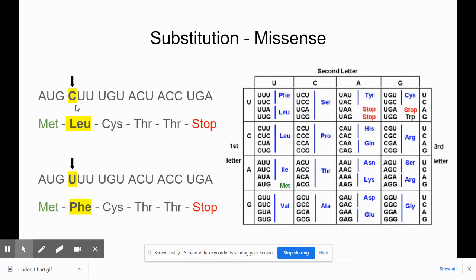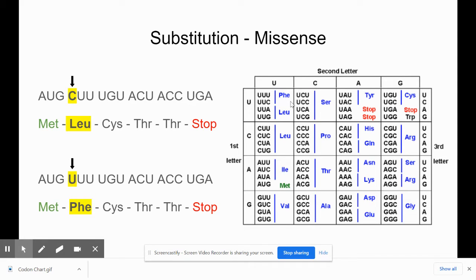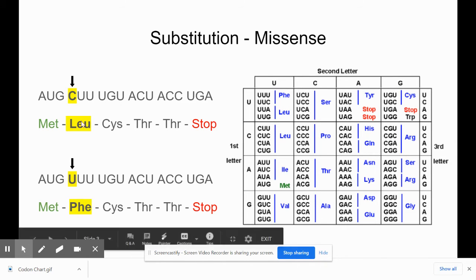So in the second codon again, the CUU, which codes for leucine, the first base, the cytosine, has been replaced with a uracil. If you go to the codon chart for the UUU, that codes for phenylalanine. So phenylalanine is a very different amino acid than leucine.